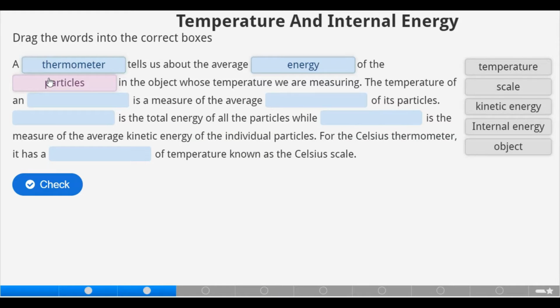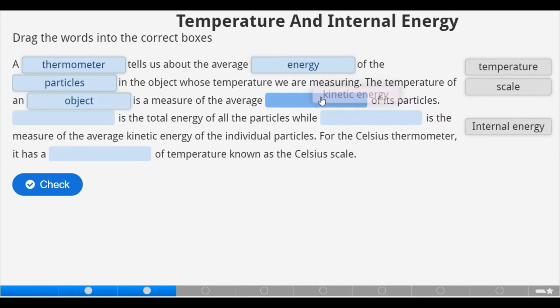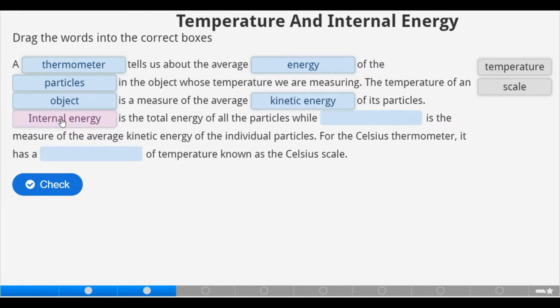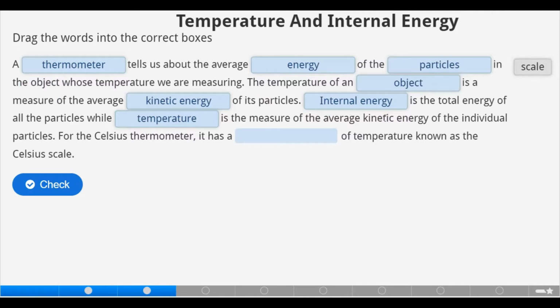The temperature of an object is a measure of the average kinetic energy of its particles. Internal energy, on the other hand, is the total energy of all the particles, while temperature is the measure of the average kinetic energy of the individual particles.